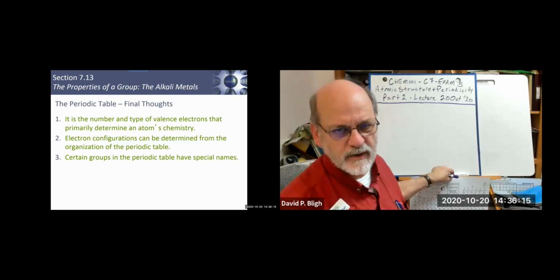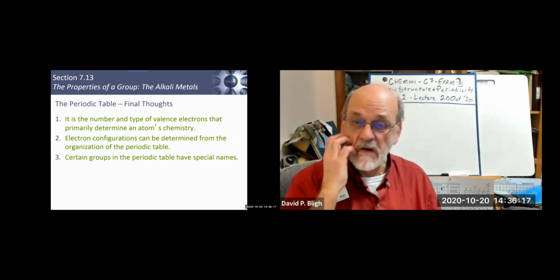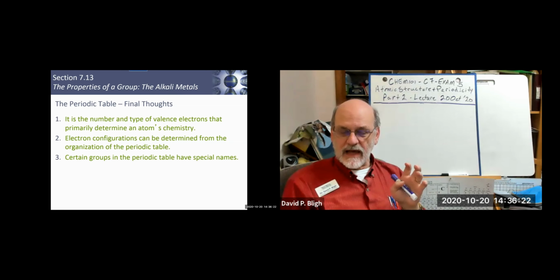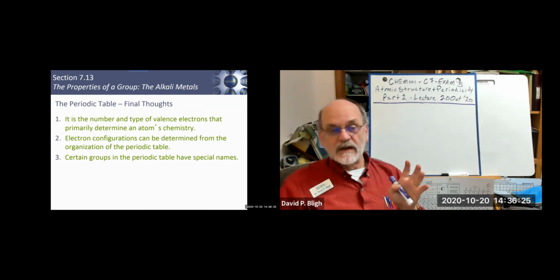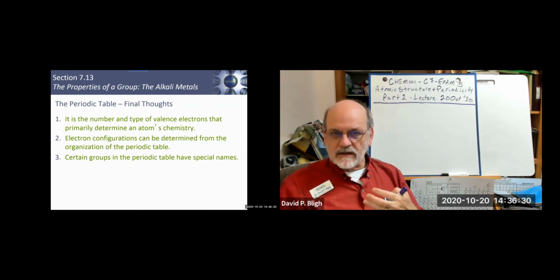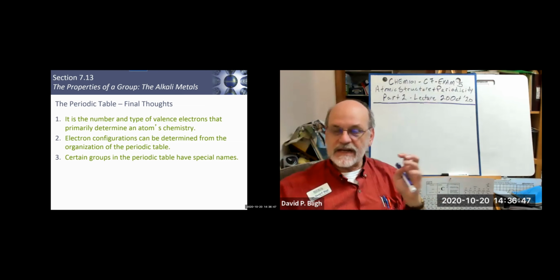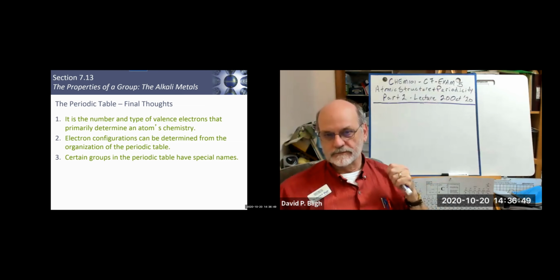So what have we learned about the periodic table? The chemistry of elements, and I may not have emphasized this enough, is due primarily to the number and the type of valence electrons. That is, those electrons that are all at the same energy level and available for a reaction, because they are the outermost electrons. They're the electrons that atoms encounter first when they meet one another.